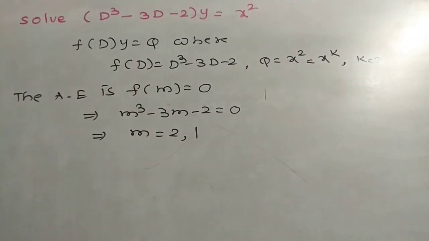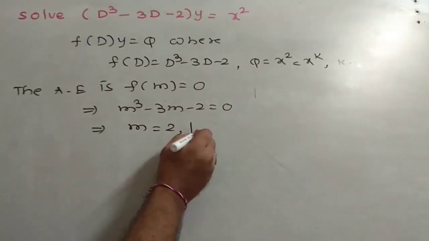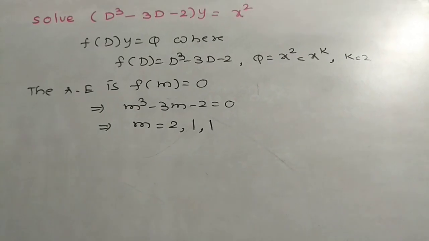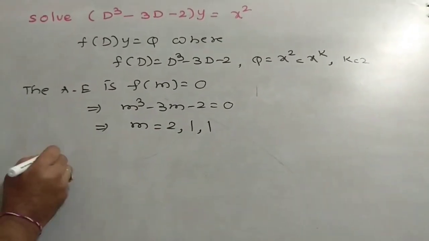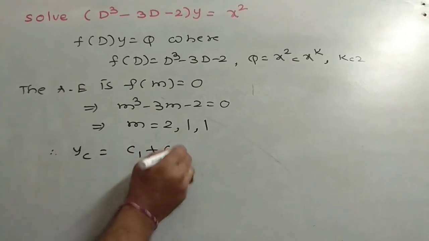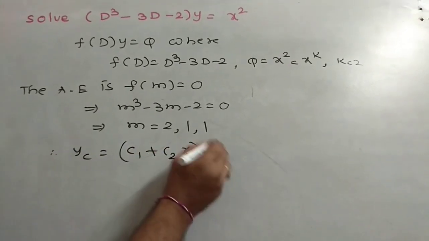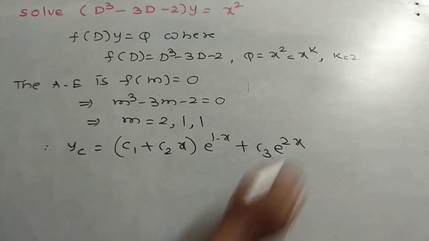So you can apply the synthetic division method and identify the repeated root, and that repeated root is 1. So the roots are real and a few roots are repeated. Therefore yc equals (c1 plus c2 x) into e to the power of 1 into x plus c3 e to the power of 2x.